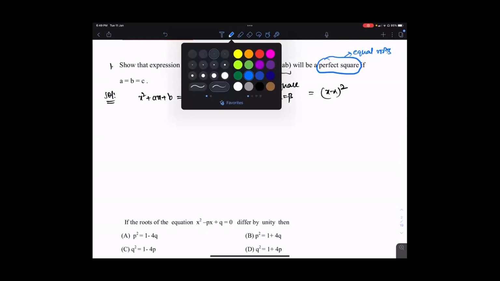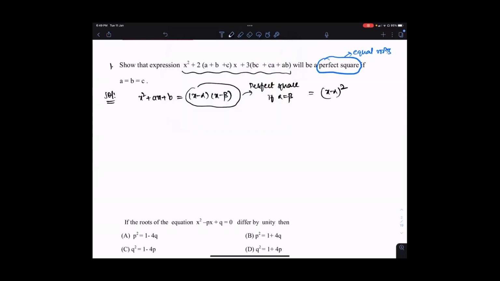So we know the condition. I hope that you know the condition for equal roots. It's pretty basic. If a quadratic equation has equal roots, then the discriminant must be 0. So now the discriminant is b square minus 4ac.